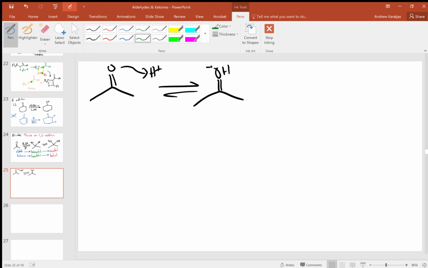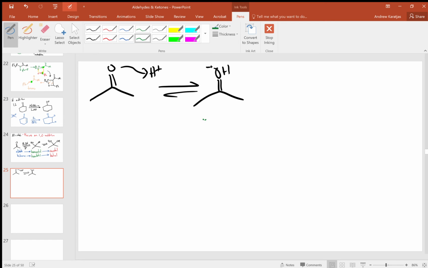Why does this happen? Well, as we've seen before, this happens because while the carbonyl is a good electrophile, by protonating it, we make it even better. And by making it even better, we can use weaker nucleophiles, such as alcohols.